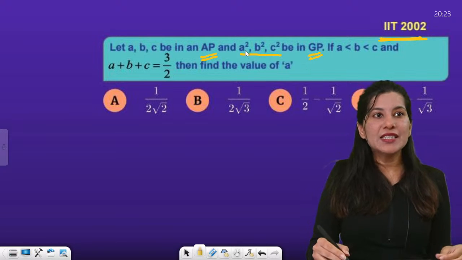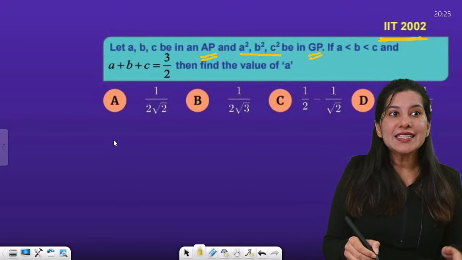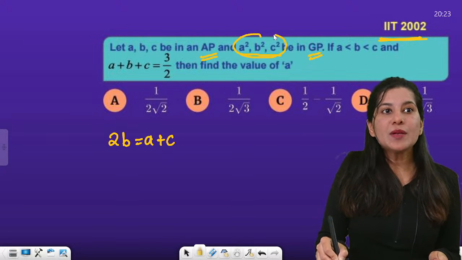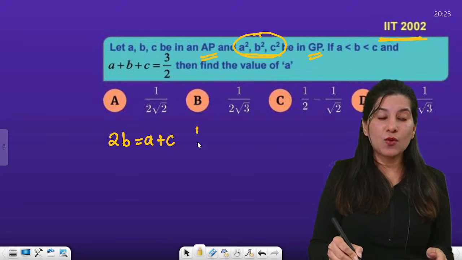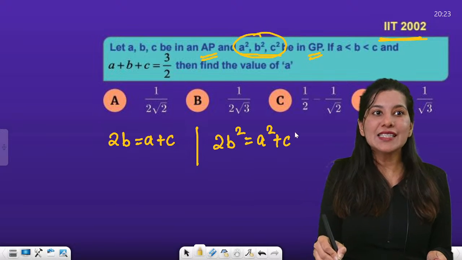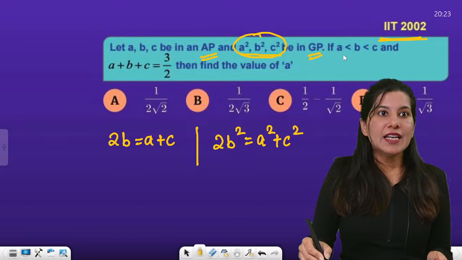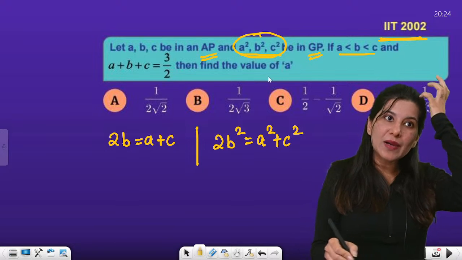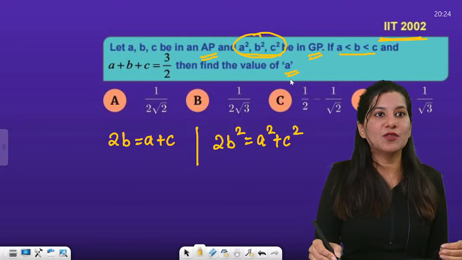A, B, C are in arithmetic progression, so the moment I see that, 2B is equal to A plus C. A square, B square, C square are in GP, so that will give me 2B square is equal to A square plus C square. If A is less than B is less than C and A plus B plus C is given as 3 by 2, find the value of A. That is what we need to figure out.